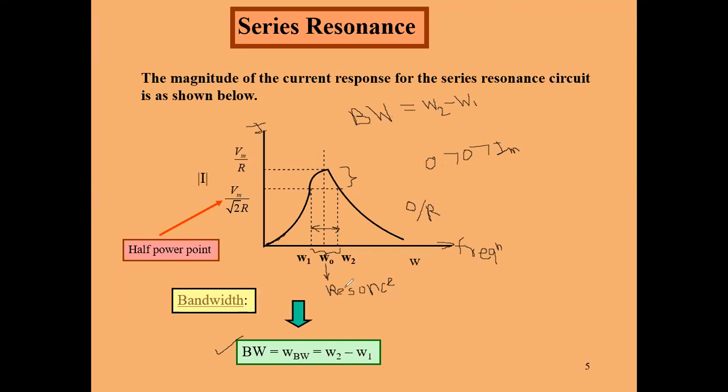At the resonance frequency, the current becomes highest. After that, as we increase the frequency, the current value starts to decrease and lastly becomes 0. That is the plot of current versus frequency in the resonance circuit.